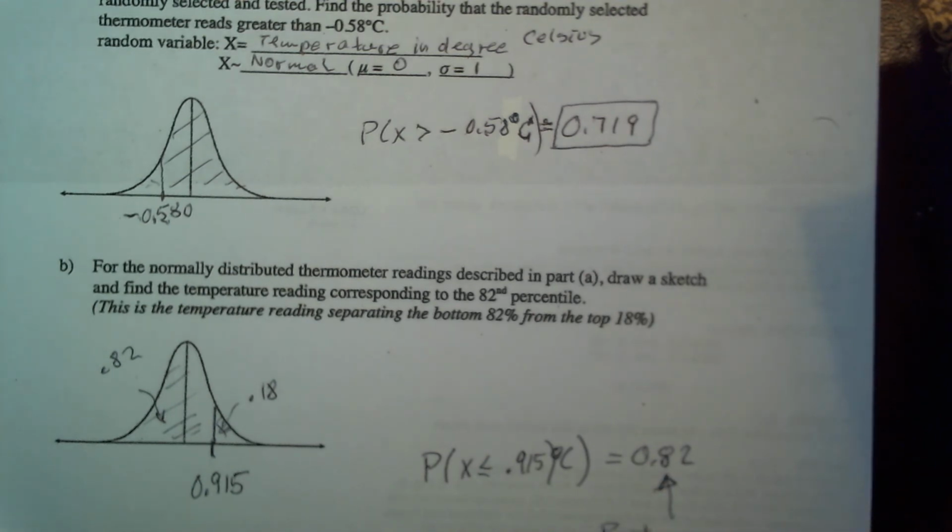So we go into the tables, look for 0.82, and find the corresponding z-score of 0.915.